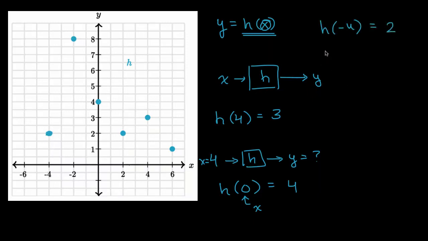But h of 2 is also equal to 2, we see very clearly there, when we input a 2 into the function, the corresponding y value is 2 as well. So it's okay for 2 different x values to map to the same y value. That works. But if you had some type of arrangement, some type of relationship, where for a given x value you had 2 different y values, then that would no longer be a function. But the example they gave us is a function, assuming I don't modify it.